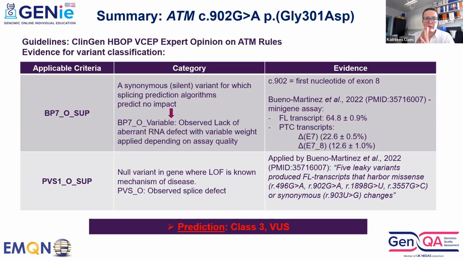As you may know, BP7 is normally applied for a synonymous silent variant for which splicing prediction algorithms predict no impact.